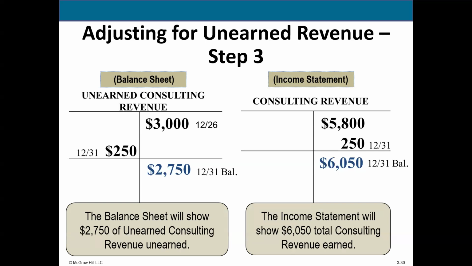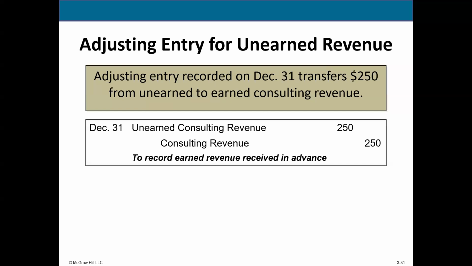The rest of that amount, that $2,750, I'm going to recognize at the end of the contract, which happens to be in February. All right. So that's the adjusting entry that I make for the revenue recognition.